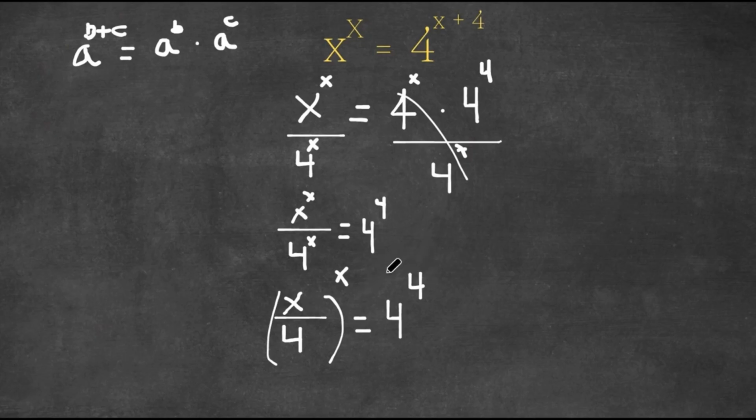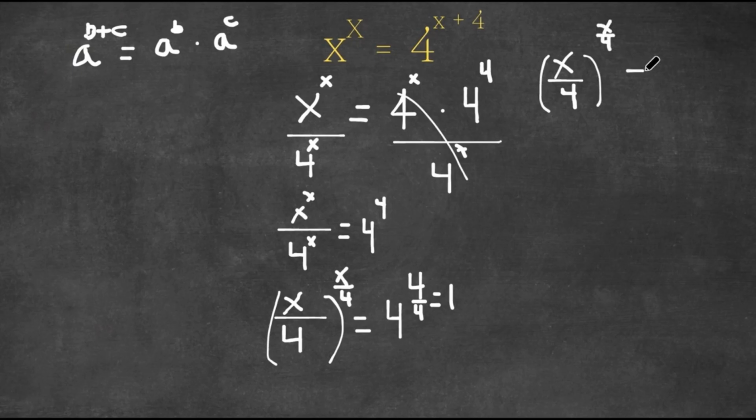So this would make this equal to x over 4, and this side, 4 to the power of 4 over 4. And 4 divided by 4 is 1. So we're left with x over 4 to the power of x over 4 equals 4, because 4 to the power of 1 is 4.